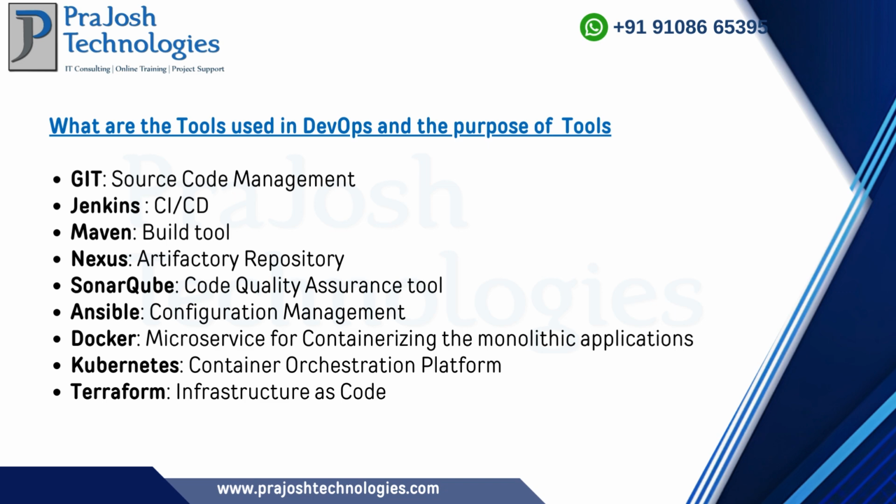Now let's understand what is SonarQube. SonarQube is a code quality assurance tool. Whenever the developers write their code, it's mandatory that we generate a report which gives you the code coverage, for example 80% of the code being covered. Or maybe you also have a Clover report which will generate the code quality.